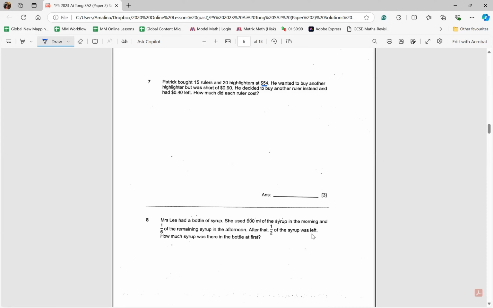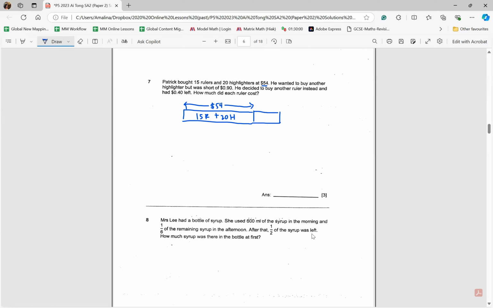So I'm going to draw my model. This is my 15R plus 20H. This is the cost, this is my $54. Now this whole rectangle indicates his pocket money, the total money that Patrick has. Out of his pocket money, he spent $54 on the 15 rulers and 20 highlighters.